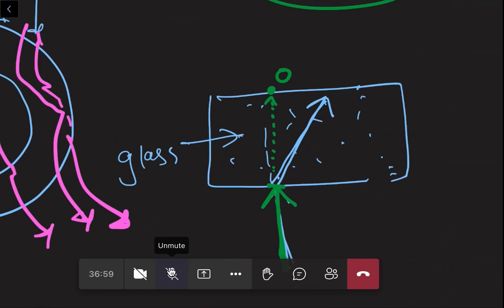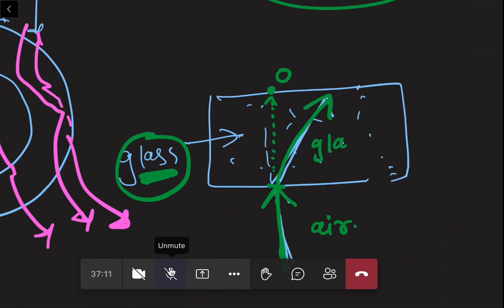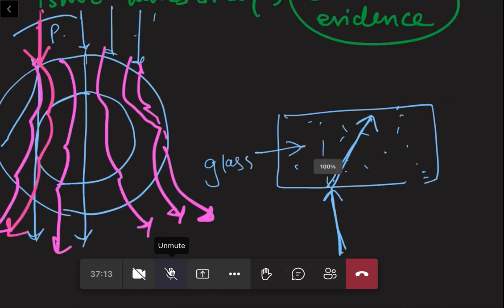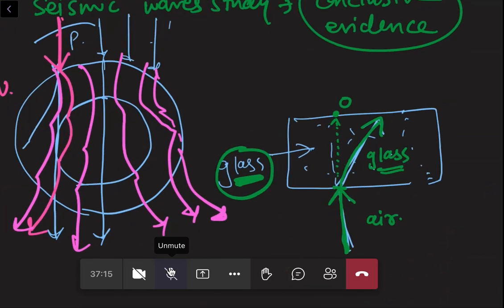But it is not passing in a straight line because there is a medium called glass. This glass medium will turn the ray in this direction because the medium has changed, here it was air and here it is glass. Now a similar situation is happening. Because of this bending, in this region you will not get any ray, but the ray is coming somewhere like point A.